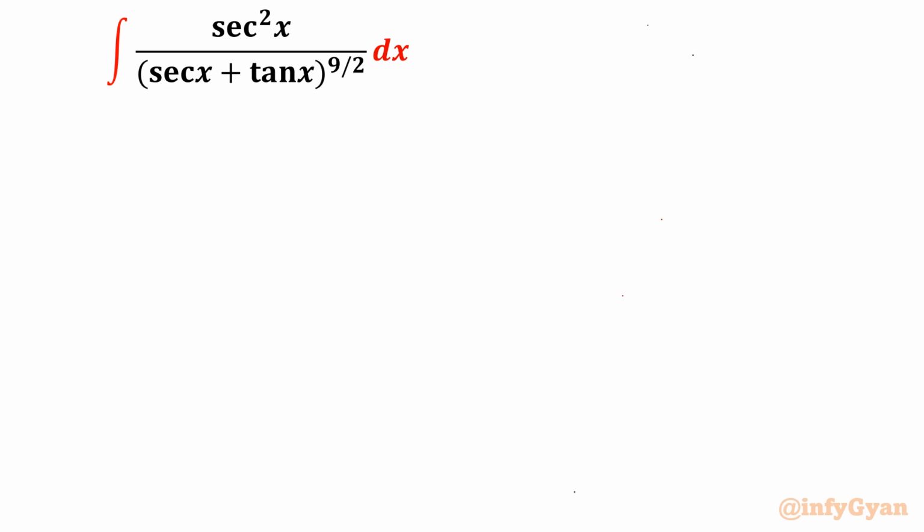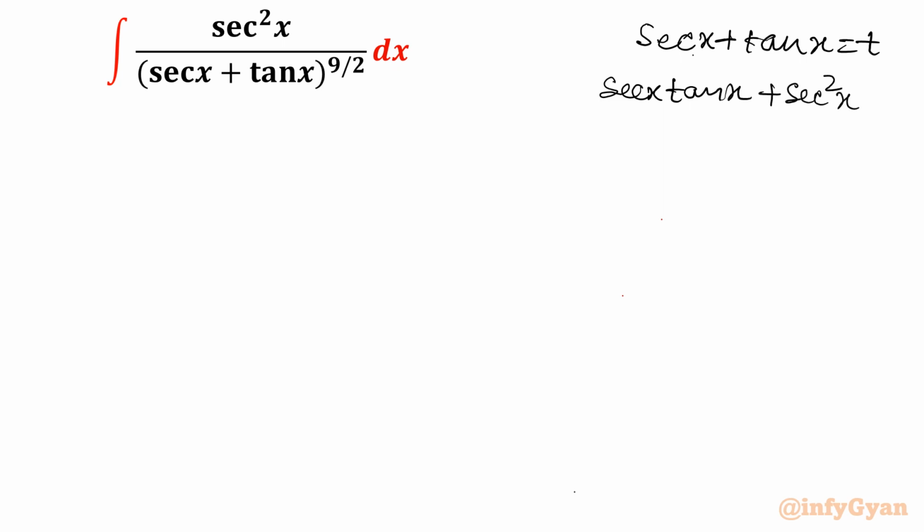Let me consider sec x plus tan x equal to t. Let's take the derivative. So sec x tan x plus the derivative of tan x, which is sec square x, dx equal to dt. I will take sec x common.